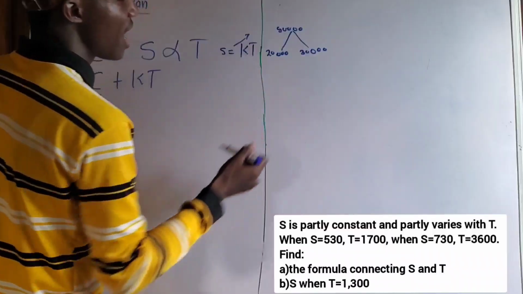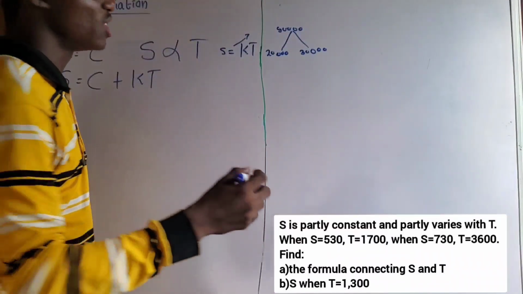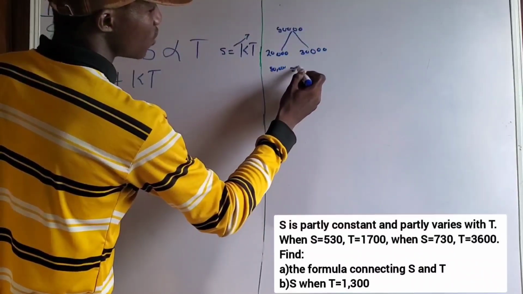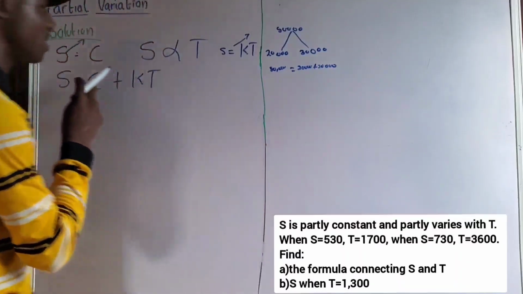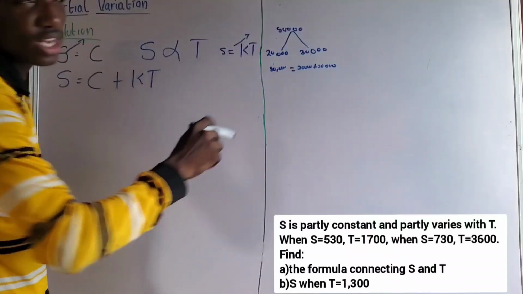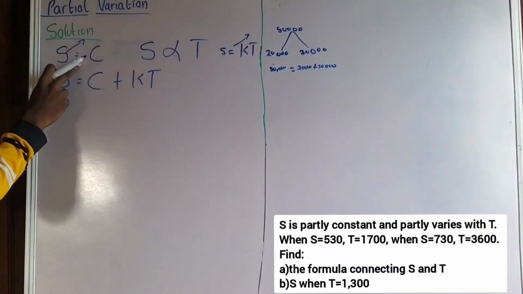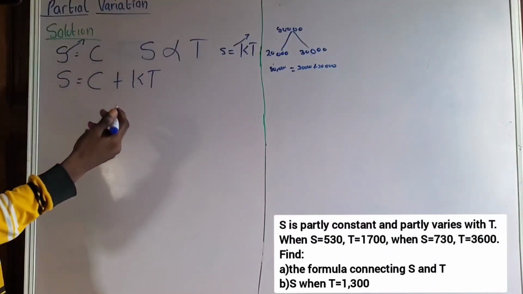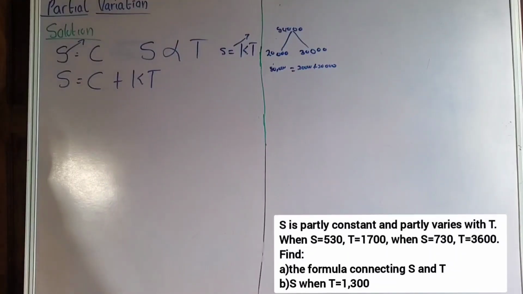So now, if you want to write a single expression for the total amount of money that you shared, you are going to have 50,000 naira equals 20,000 naira plus 30,000 naira. That is the same thing. A part of the money is this, and a part of the money is this. If you want to write a single expression, you're going to have this. So it's the same thing I did here. S is partly constant and S partly varies as T. So a single expression for S is S equals C plus KT.